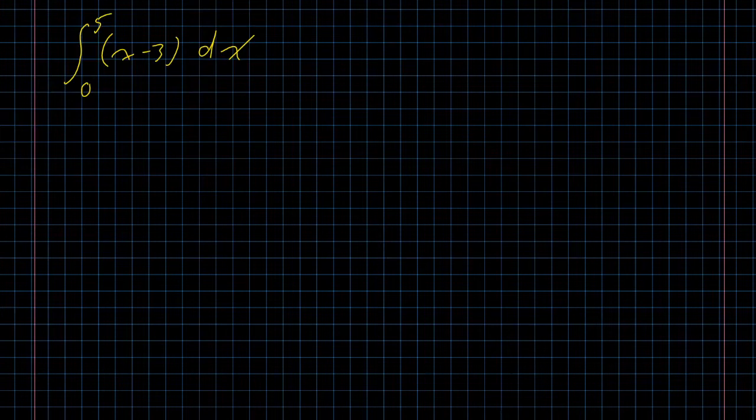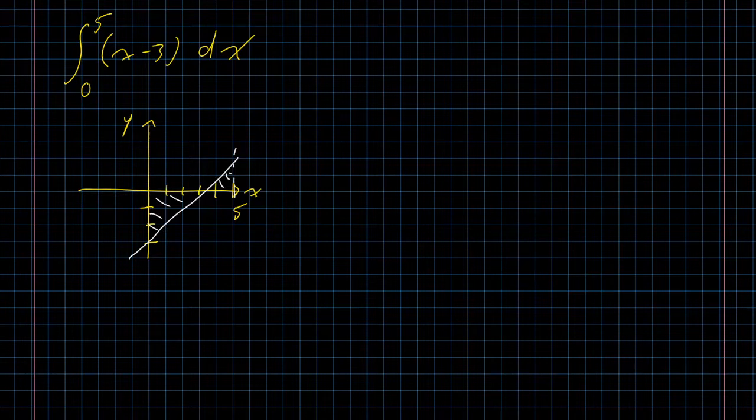All right, the graph y equals x minus 3 is very simple to draw. It is, in fact, the line of slope 1. And when we pin in our limits of integration, we get these two regions.